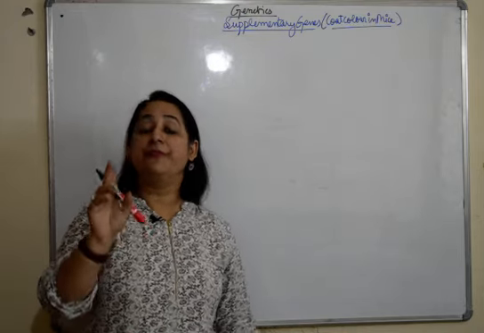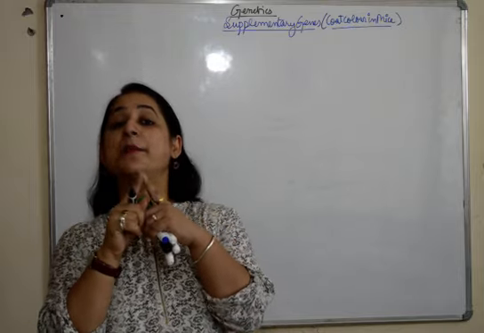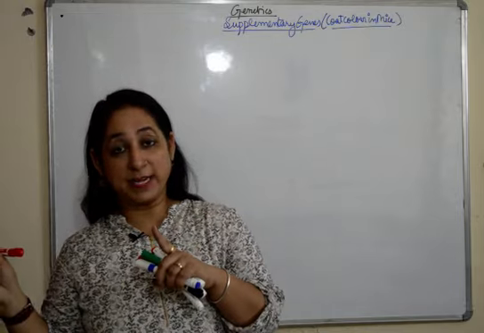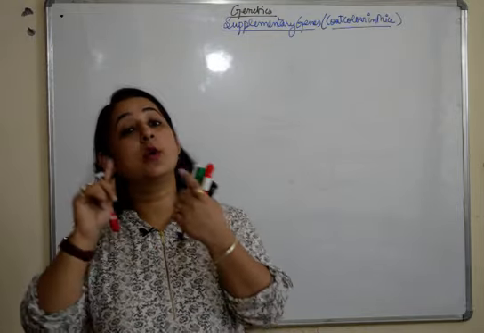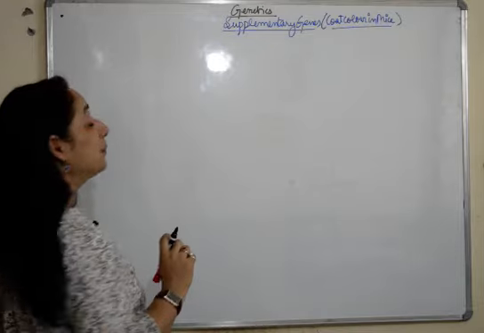But if both these separate genes are present in a dominant state, both will express and show a very different expression. I'll tell you how. It's a bit confusing, but yes.